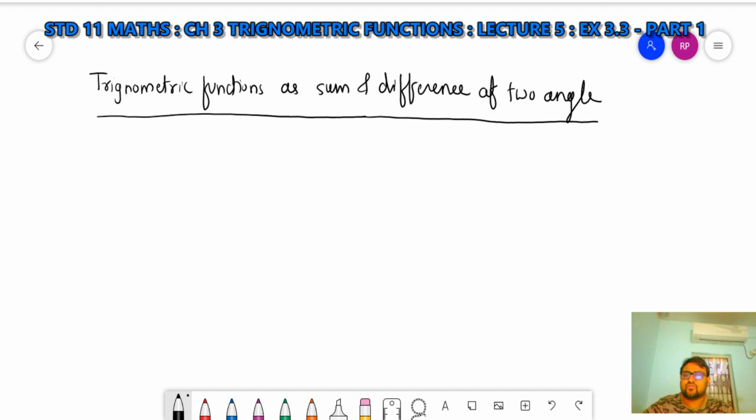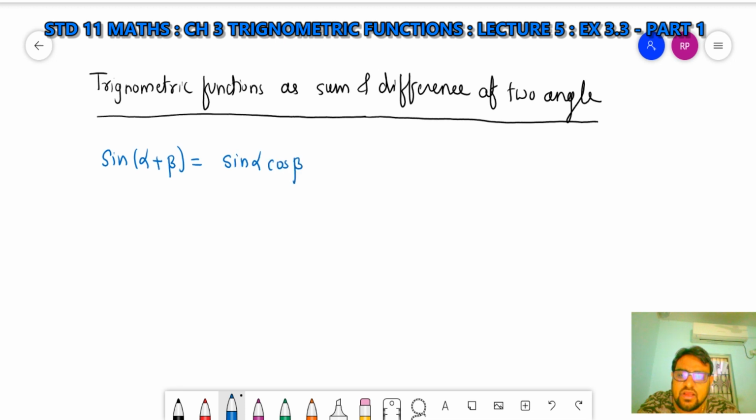Formulas based on trigonometric functions as sum and difference of two angles. Okay. So first, sine alpha plus beta will be equal to sine alpha cos beta plus cos alpha sine beta. Similarly, sine alpha minus beta, now the difference, will be equal to sine alpha cos beta minus cos alpha sine beta.